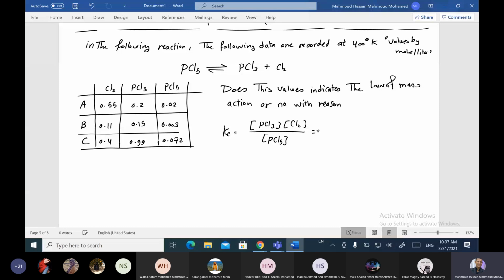So, firstly, return back to the values for the first trial, second trial, and third trial.